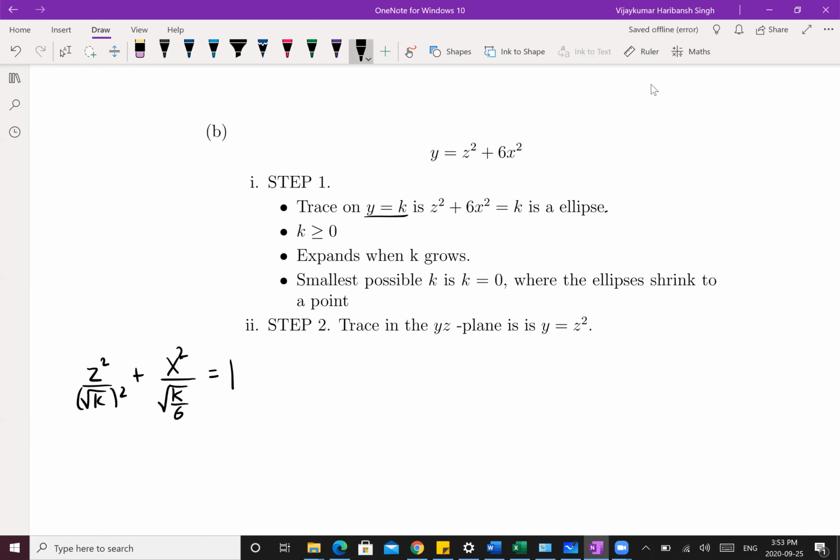As k keeps growing, your ellipse will also expand, right? Notice the case when k is 0, you get essentially a point.